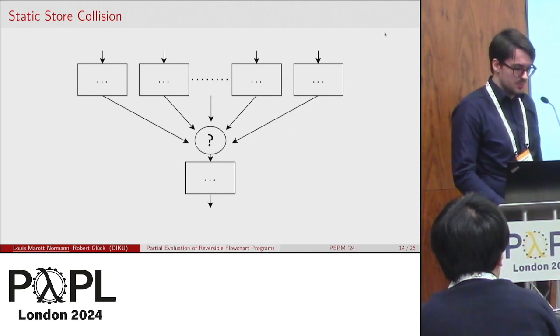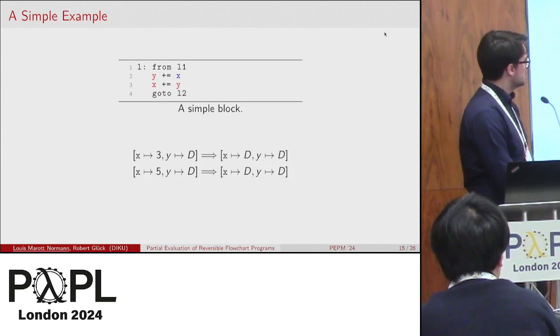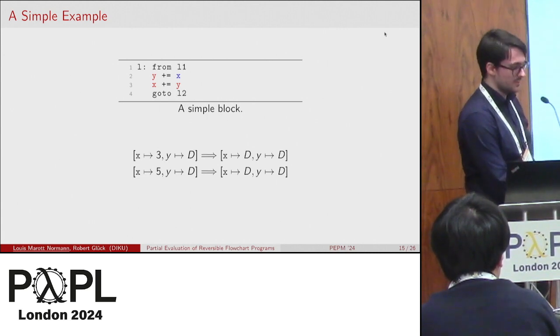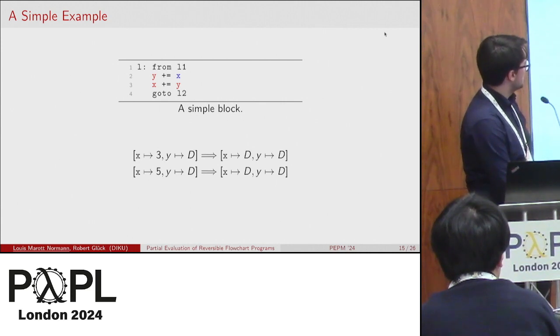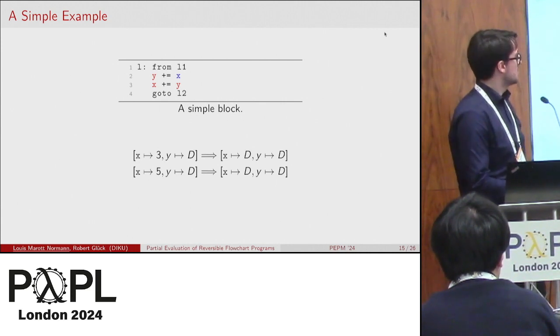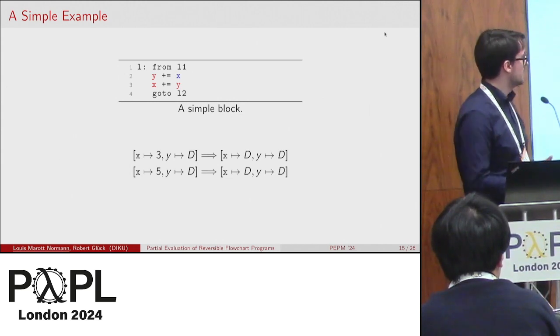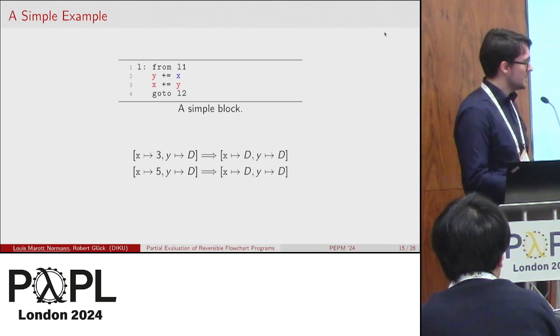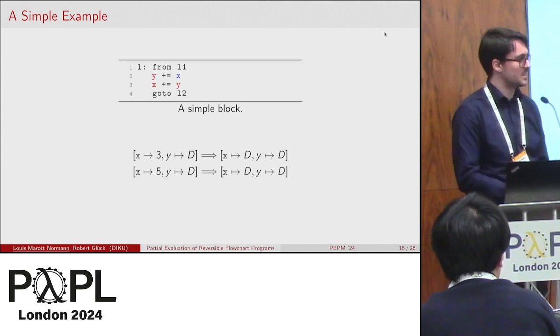One such issue could, for example, be if we have this simple block here, and we say that we have a static x initially and a dynamic y, and we add x to y, this is fine, but we then add y to x, thereby the current value of x now depends on the value of y, but y is dynamic, which means that the new x must be dynamic.